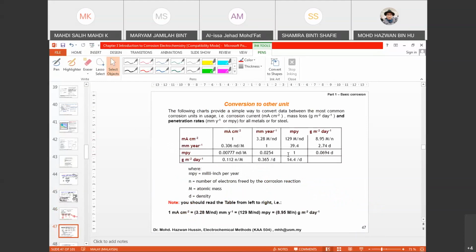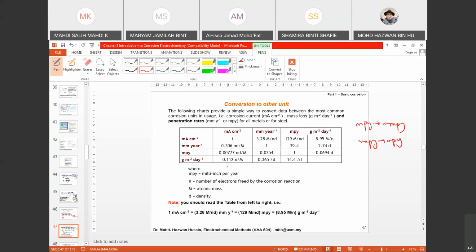I think the most commonly used is the conversion from MPY to MMPY, or MMPY to MPY. This is the common conversion that you need to see.